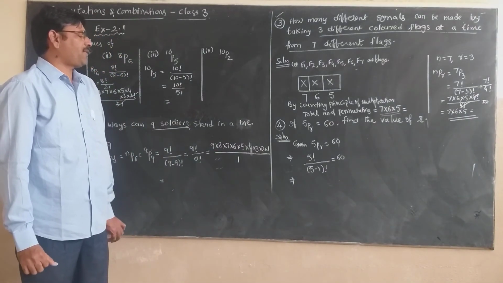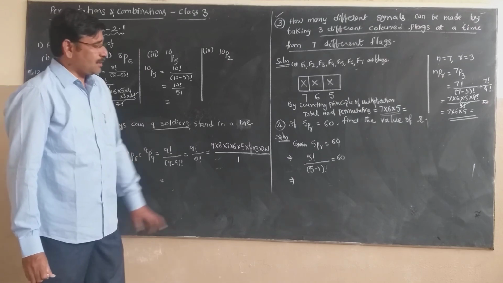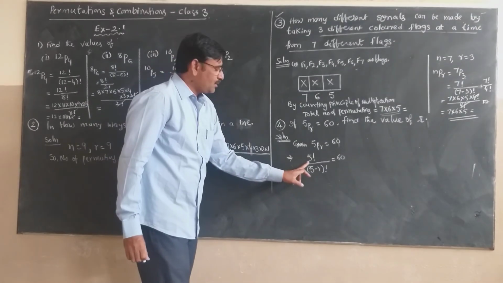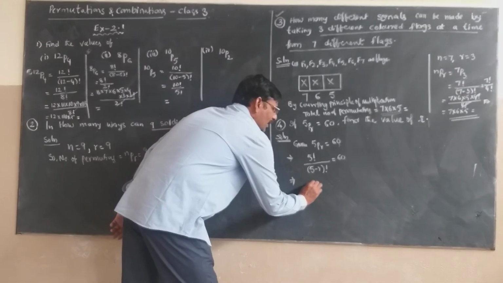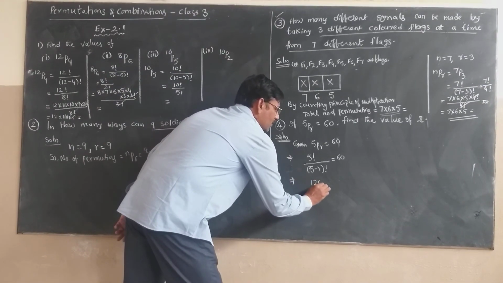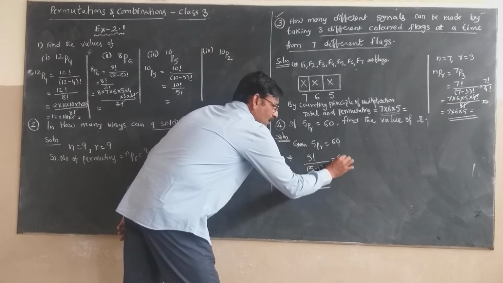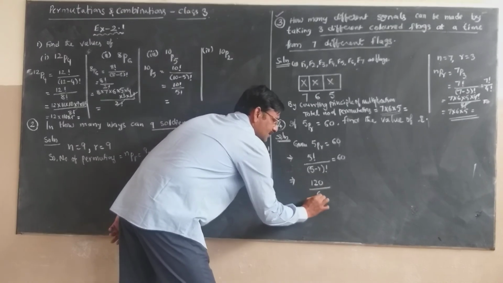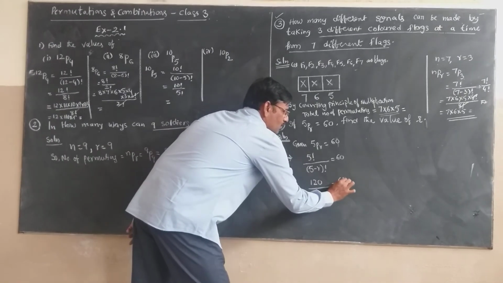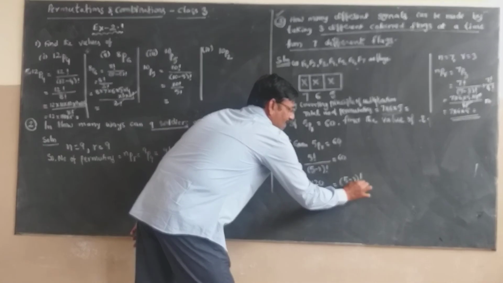What is the value of 5 factorial? 5 factorial is 120. 120 by 60 is equal to 5 minus r factorial.